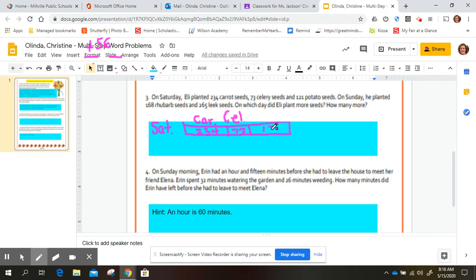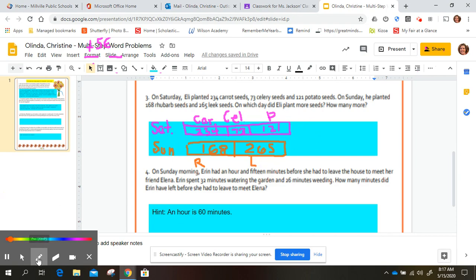And 121 potato seeds, and that's a P. But on Sunday, he did some more planting, and he planted 168 rhubarb and 265 leek. But this time it's only 2 different plants. So it was 168 rhubarb, and that would be R, and 265 leek, and that could be L.